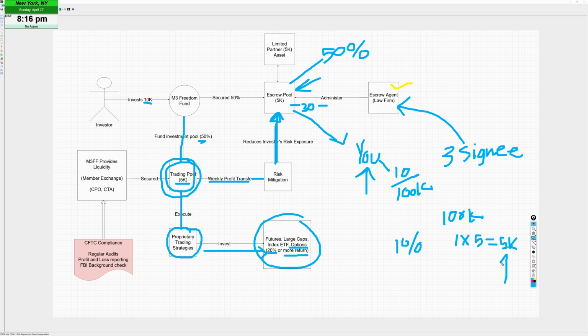We would take half of that, 50% of that money, which is $2,500, and deposit it into this escrow. So your ultimate risk is reduced every week.